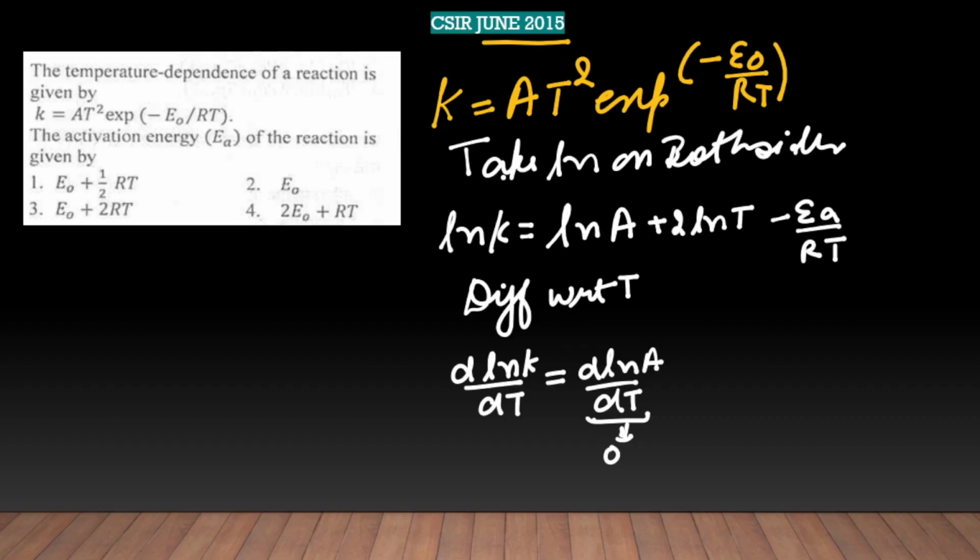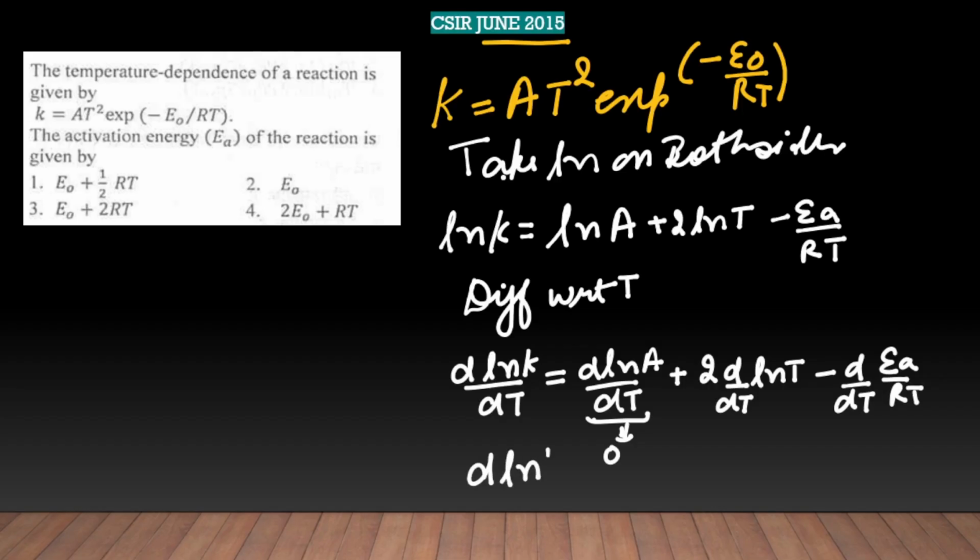So this equals 0 plus 2 times d by dT of ln T minus d by dT of Ea upon RT. Solving this, we get d ln k upon dT equal to 2 times, now the differentiation of ln T with respect to temperature will be 1 by T only, plus Ea upon RT square. This is what we will be getting.